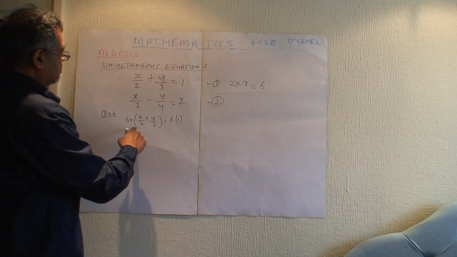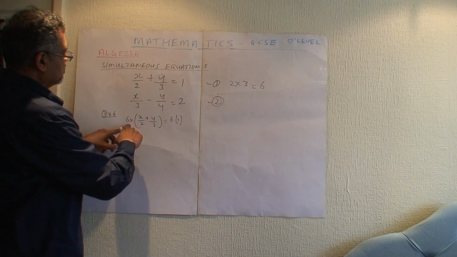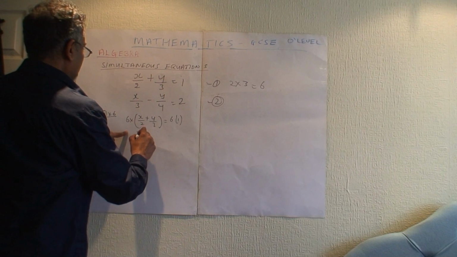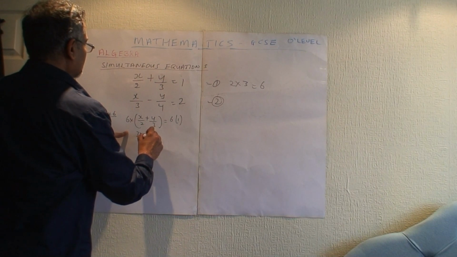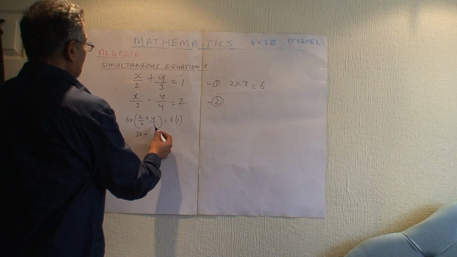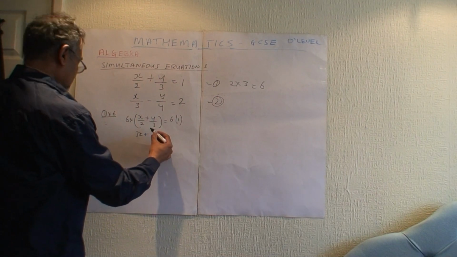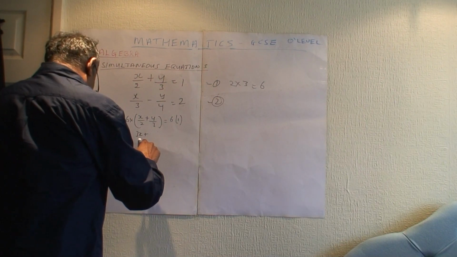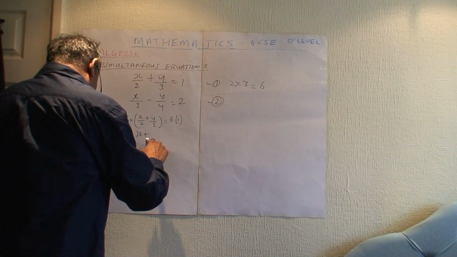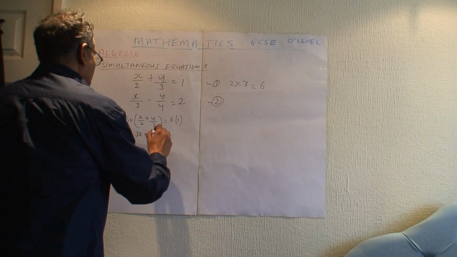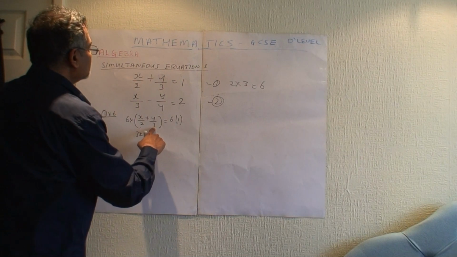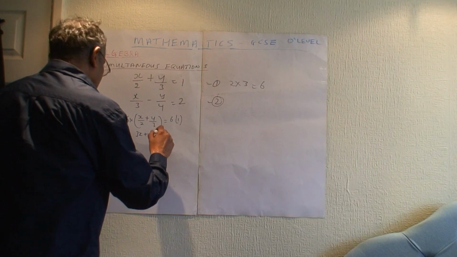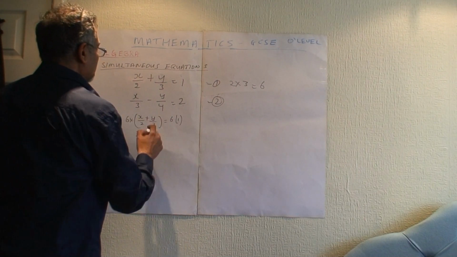So what we have here, 2 into 6, we have 3x, so that's plus... that's y, sorry, that's y.